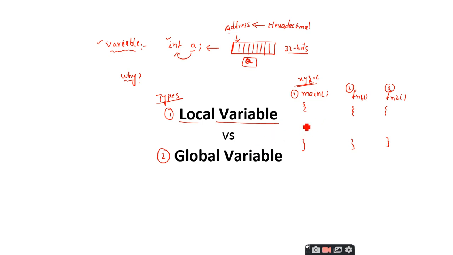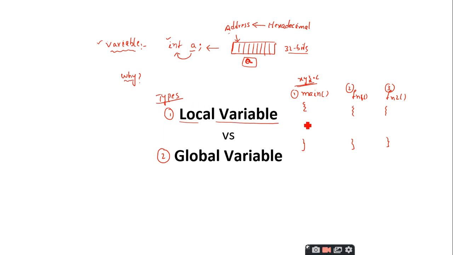Whatever variables you declare inside main, or inside function 1, or within function 2, will be called the local variables to that particular function.